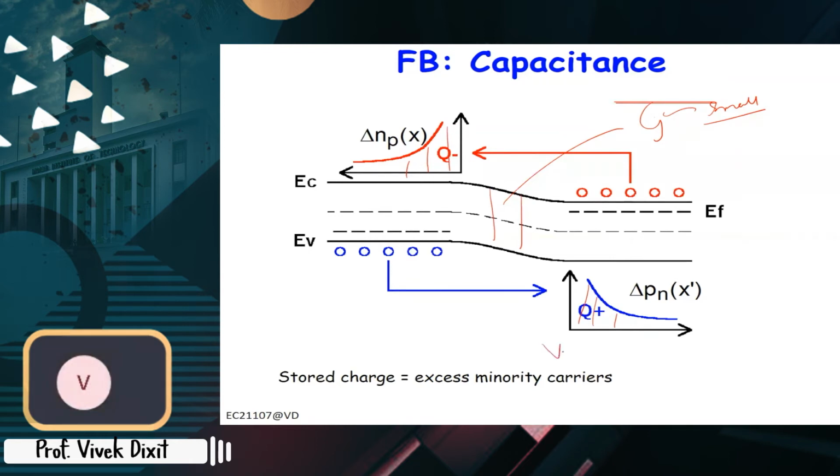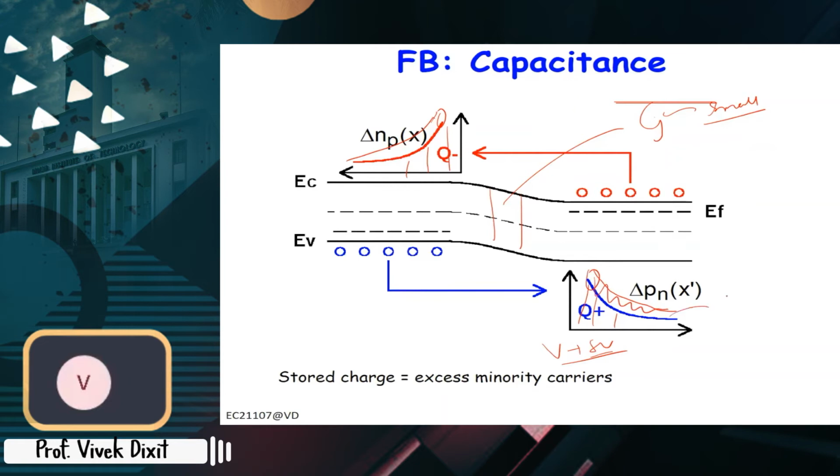if you increase the voltage from V to V plus delta V, where are the carriers added? Unlike the depletion region, where carriers are added at the end, here carriers are increased everywhere, and mostly added near this region. So for delta V, this will be the change in carriers.